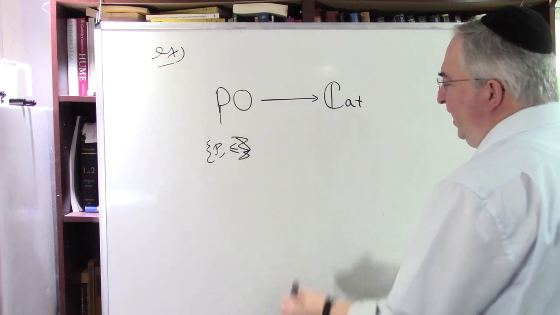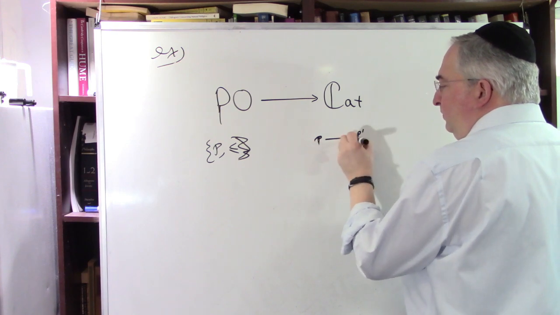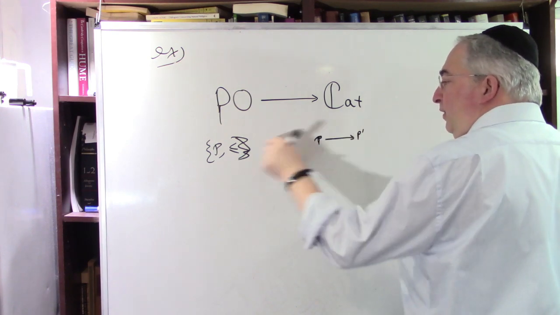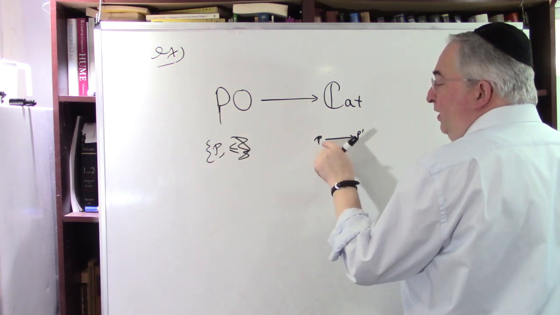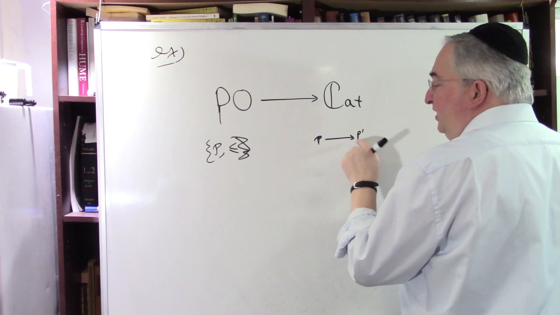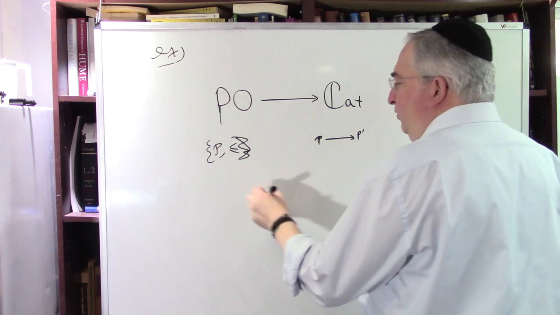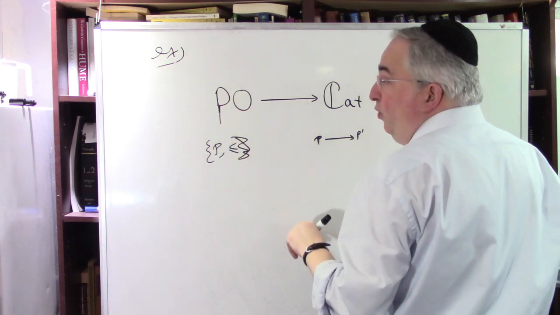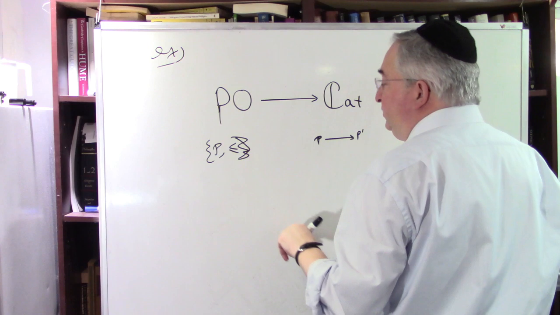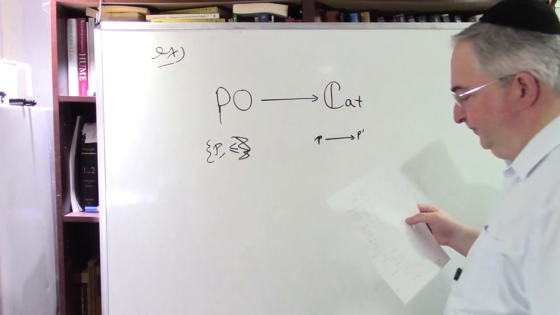And what's the category? The objects are the objects of the underlying set, and the morphisms are, well, if this is less than this, then there's an arrow in between them. There's only one arrow in between them. Okay, great. And what are the morphisms in this category? They're going to be functors, which are order-preserving.